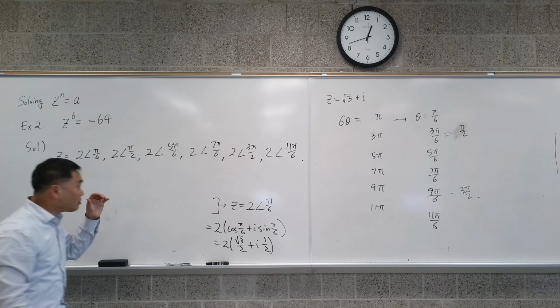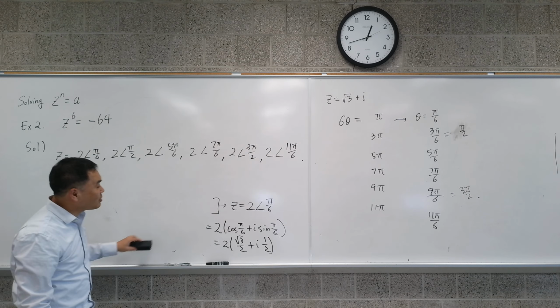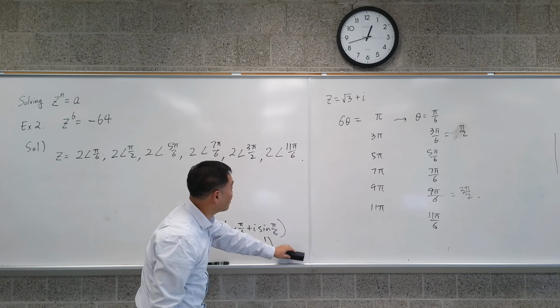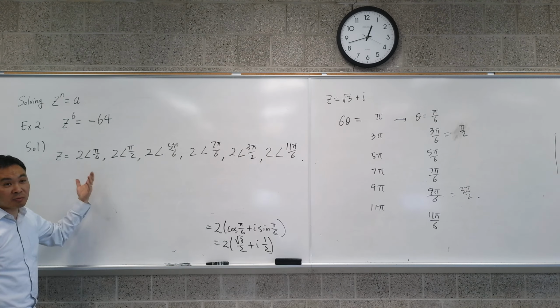Now, sometimes this is enough, okay? The question might say, find the solutions, write your answers in polar form. This is enough. Sometimes the question might ask for the rectangular form, so you have to change all of these to cosine theta plus i sine theta and get all the values.